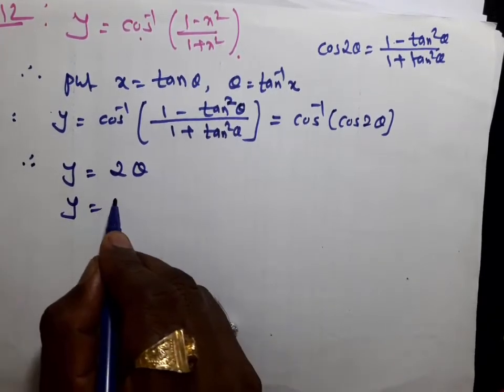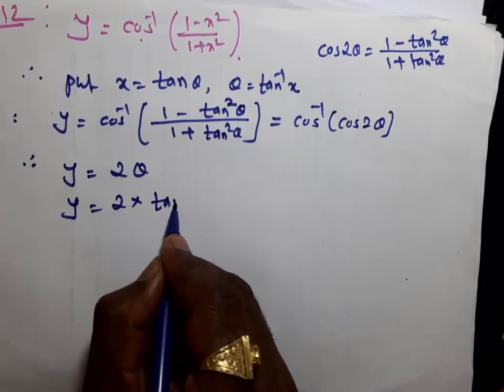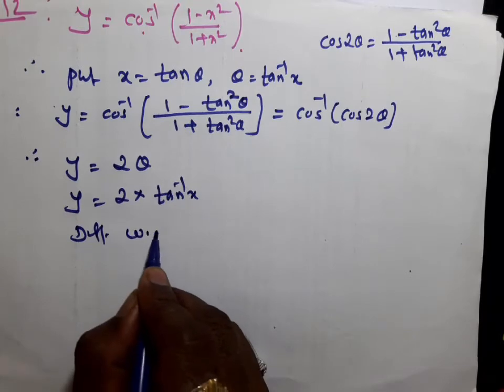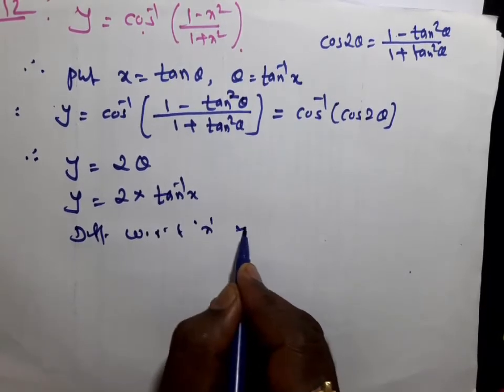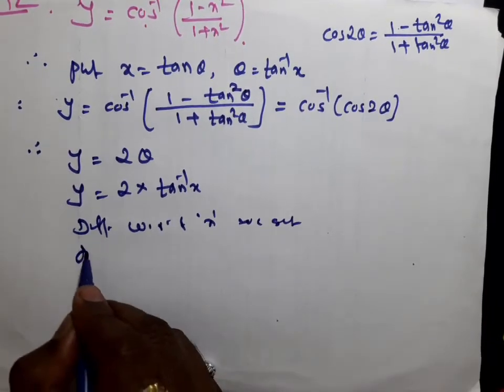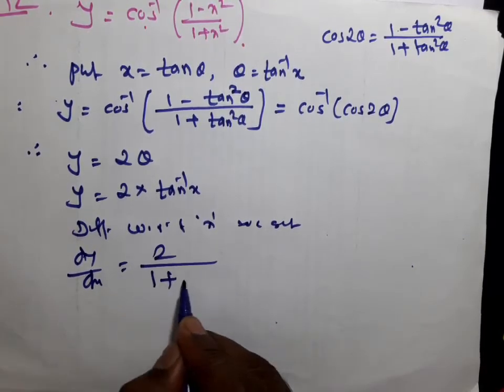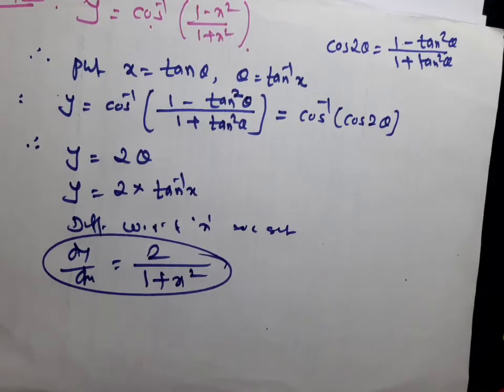But what is theta? It is tan inverse x. Therefore, differentiating with respect to x, we get dy by dx is equal to 2 upon 1 plus x square. This is magic. That's what I am saying. It is very interesting. I like it.